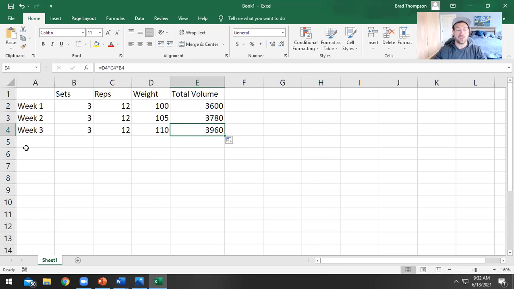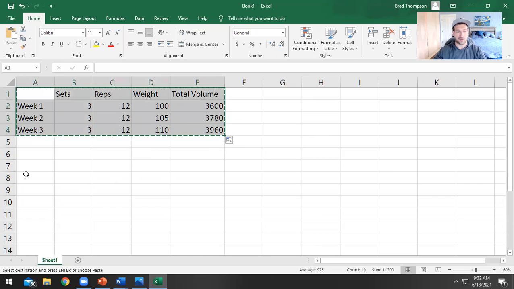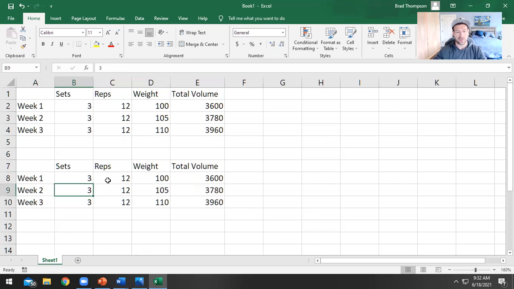But I could also increase my training volume by doing something like this. Maybe for the first week I keep my weight the same, but I raise my reps up. So I did 8 reps the first week, 10 reps the second week, 12 reps the third week.